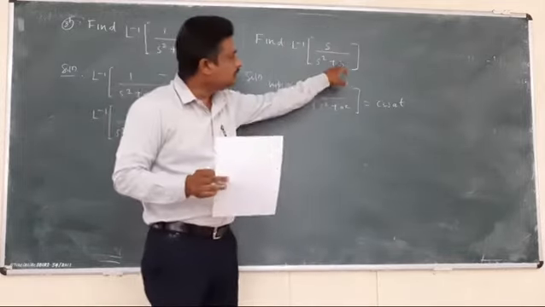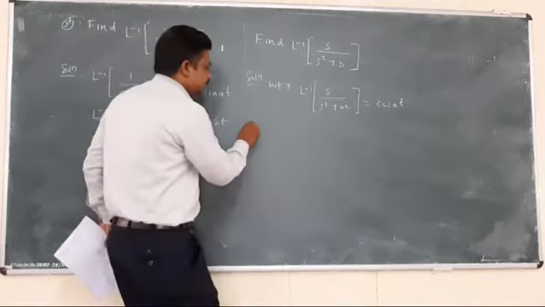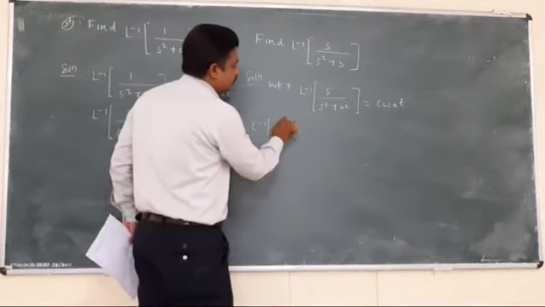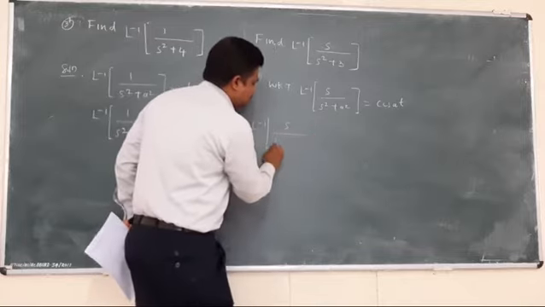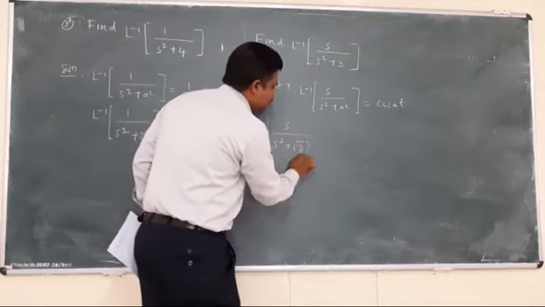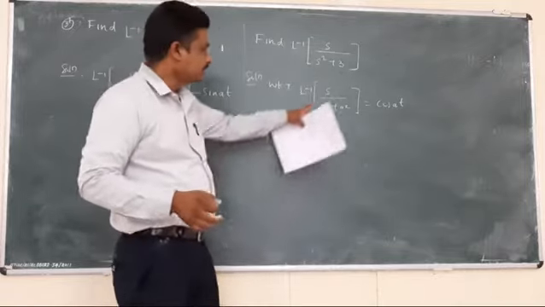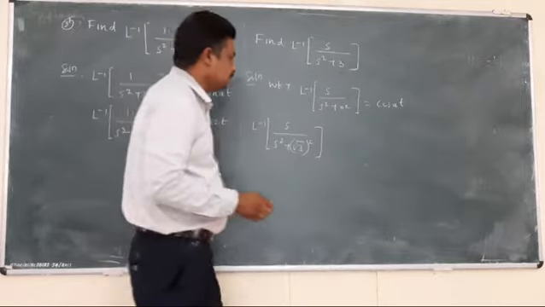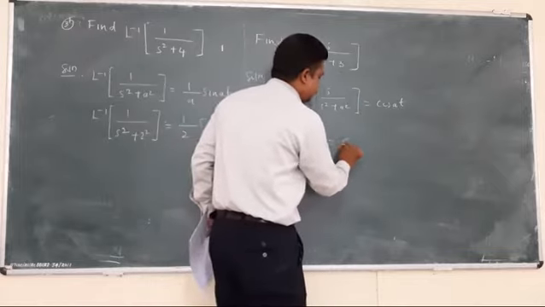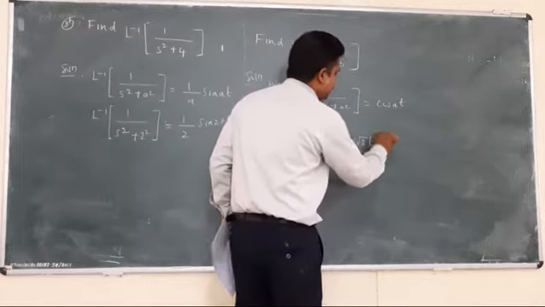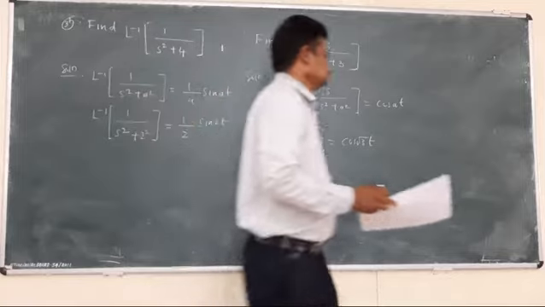So I will write 3 in terms of square. So that is L inverse of S upon S square plus root 3 square. Root 3 square is nothing but 3 only. So by comparing with the formula, I can see the value of A is root 3. This implies cos of root 3 into t.